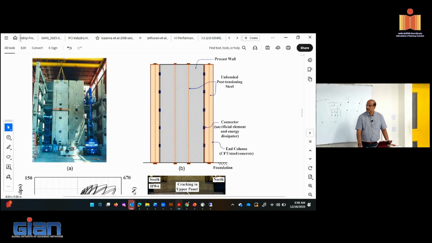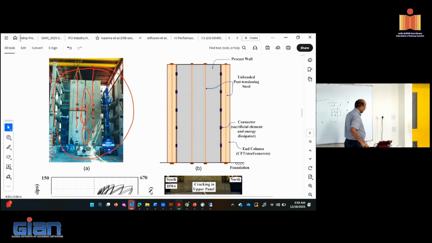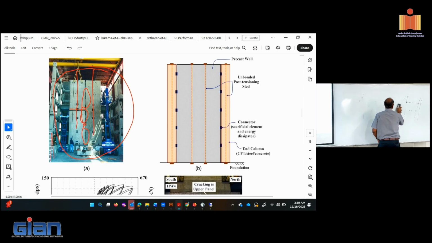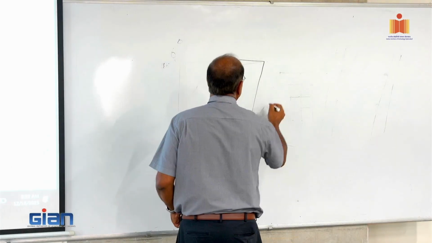So this picture shows the jointed wall that we use in the PRESSS program. So you can see this is the wall system. Here is one of the walls getting post-tensioned, here's the second wall, and here is the connection region. As you rock, I think Satya showed yesterday, as you apply lateral forces, each wall will rock on its base.